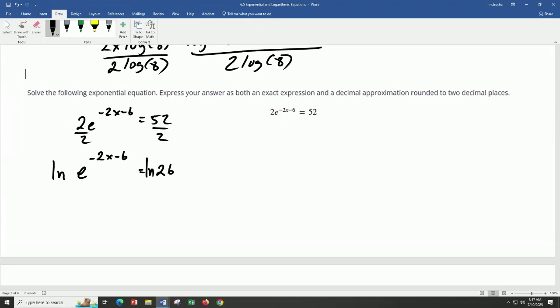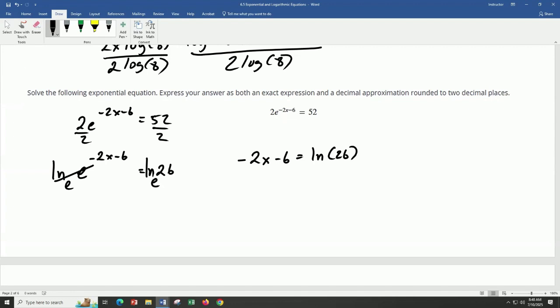What is the base of an ln? It's e. So what's gonna happen to the e on this side? All that goes away. Now you're left with negative 2x minus 6 is equal to the natural log of 26.